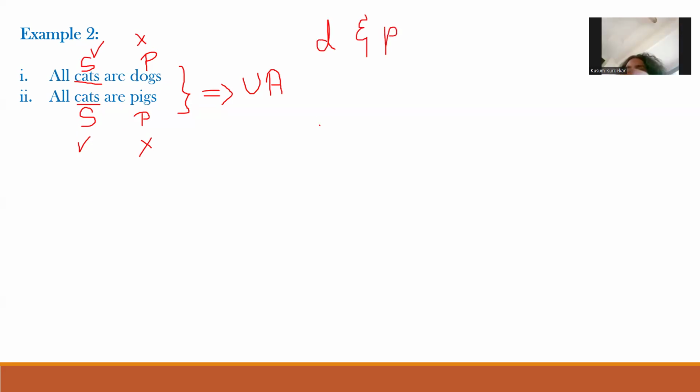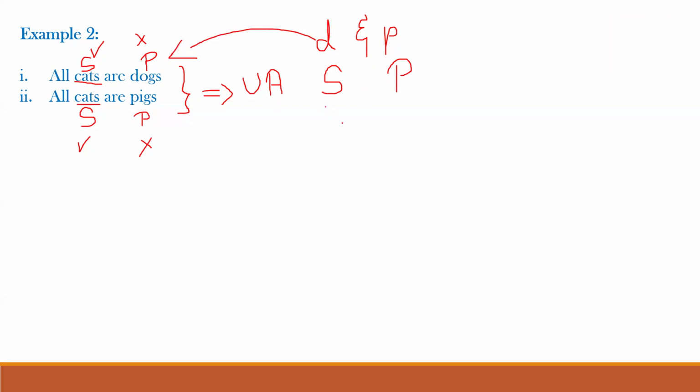Right. So in this, which will be your subject, which will be your predicate from the conclusion? Dogs and pigs. Dogs will be subject. Right. Pigs will be predicate. Wonderful. So in this case, from the given premise, is our actual conclusion subject, that is dogs, distributed or not distributed? Not distributed.